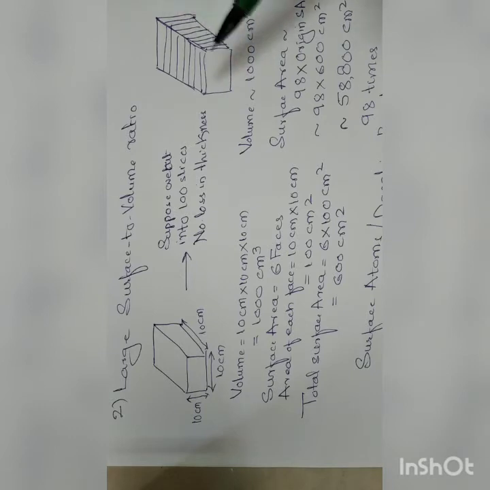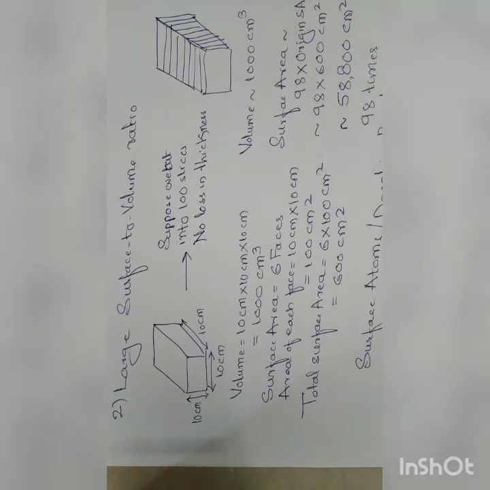In between you have created 98 additional surfaces along the length. So as an approximation, if I want to calculate surface area, I would say 98 multiplied by original surface area. If I do that, 98 multiplied by 600 centimeters square, what I get is 58,800 centimeters square.